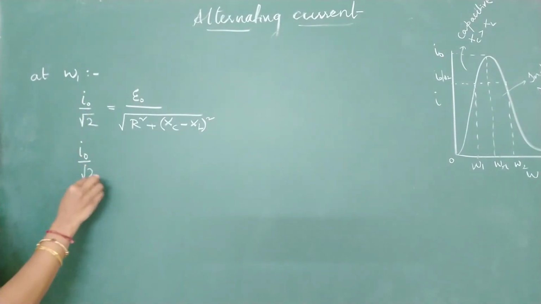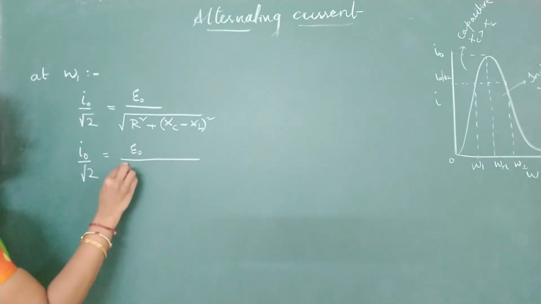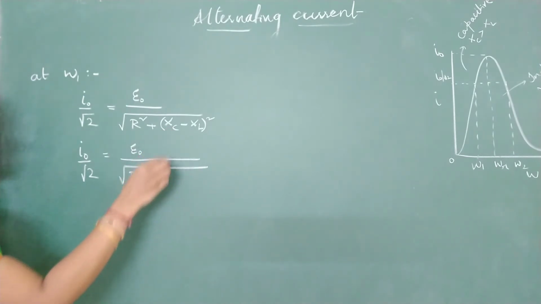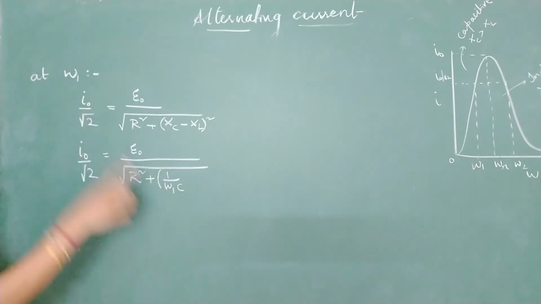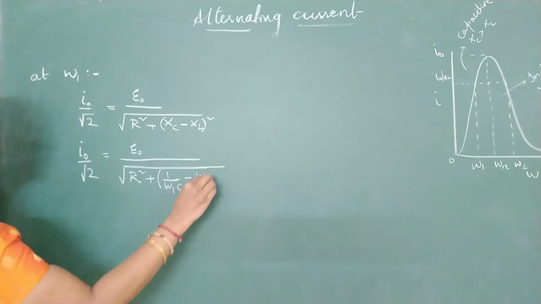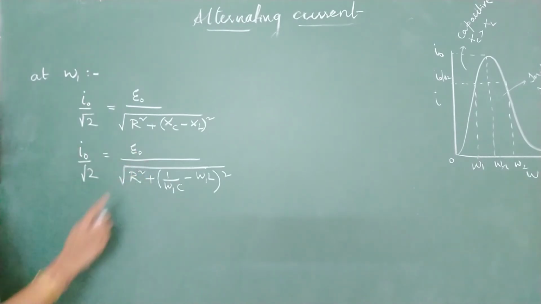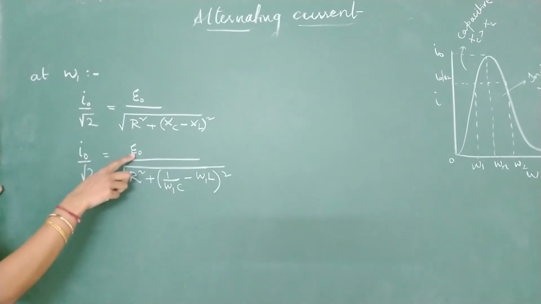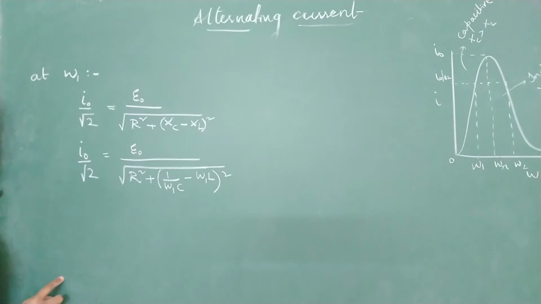So I0 by root 2 is equal to E0, the peak value, by under root R square plus, we know Xc can be written as 1 by omega 1c, because I took the frequency as omega 1, minus omega 1L whole square. Bring this E0 by I0. We know E0 by I0 is nothing but the resistance. The peak value of EMF by the peak value of current gives you capital R at resonance.